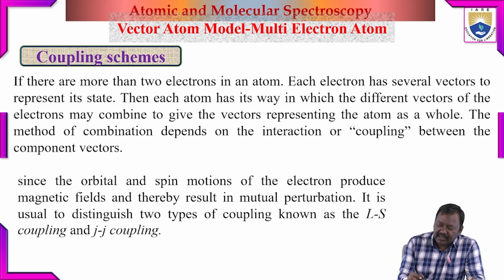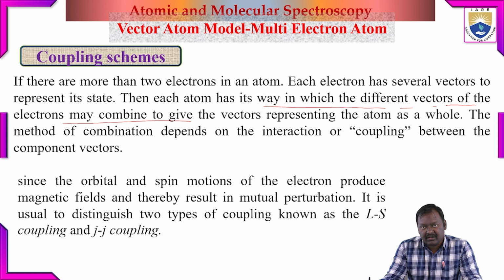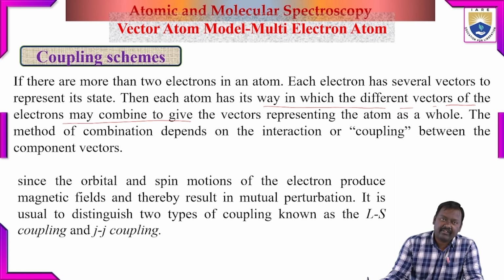Then each atom has its own way in which the different vectors of the electrons may combine. All these quantum numbers are also expressed in terms of vectors. For example, the azimuthal quantum number, the orbital quantum number, orbital angular momenta, are all important to describe the motion of the electron.